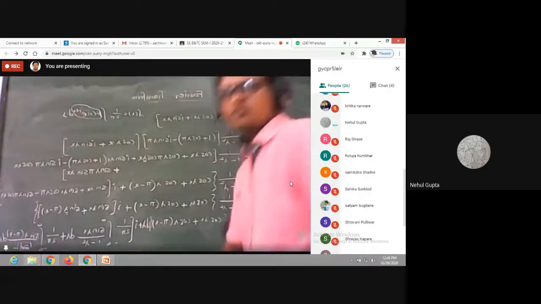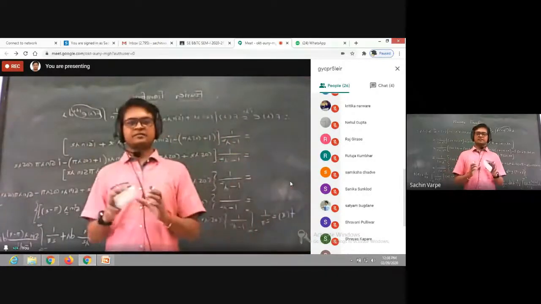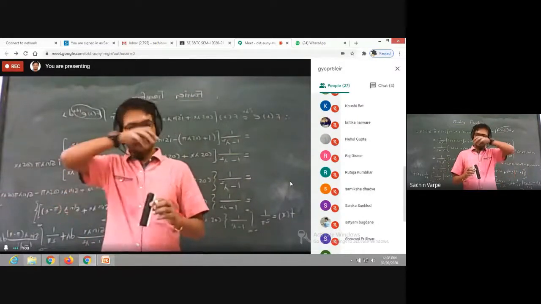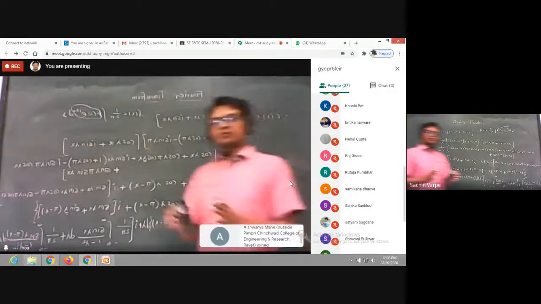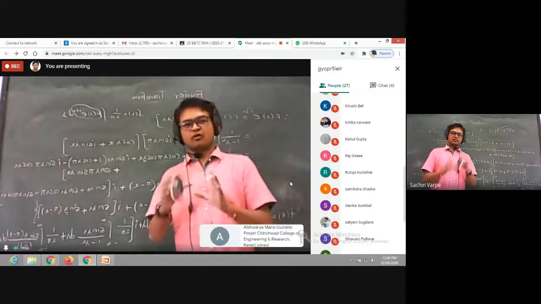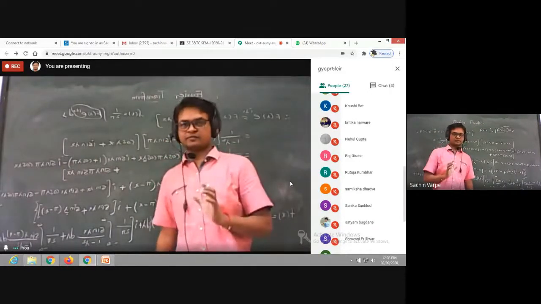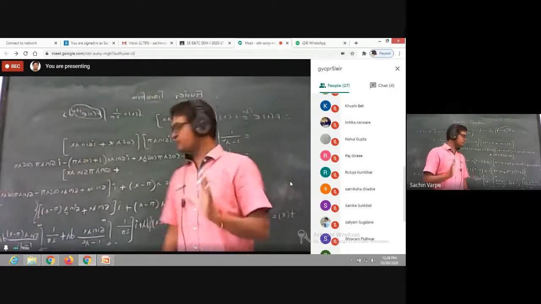No. See, integration means area under the curve, right? Let us take the example of y equal to x function. Is it an odd function? Y equal to x is an odd function, right? We all know that.